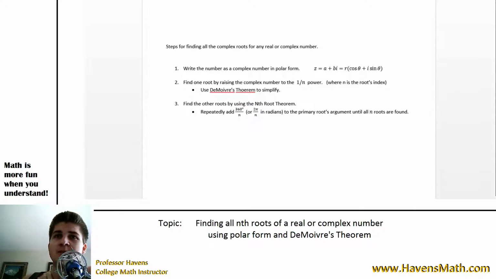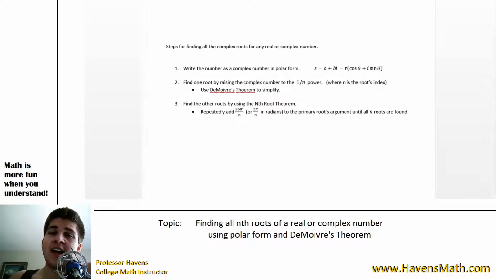So up on the screen I have a little tutorial that I made on how to do it. Essentially, what we're going to be doing is changing our real or complex number into a complex number in polar form. After it's in polar form, we can quite simply take the nth root to find one of the nth roots of that number, basically by using DeMoivre's Theorem, which technically only works for integer values of exponents, but it'll help us find the first one.